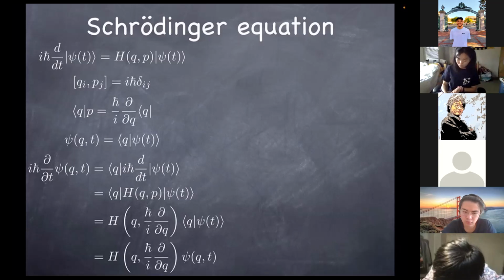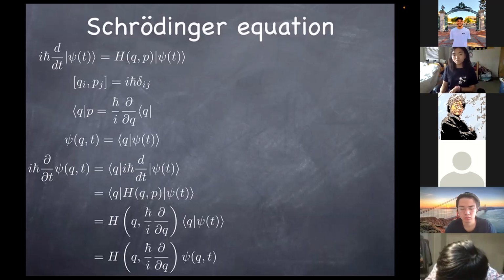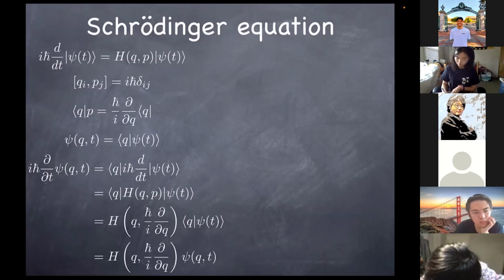And then the Hamiltonian is now acting as a differential operator on this wave function psi of Q and t, where you replace every P in the Hamiltonian by this derivative operator h bar over i del del Q. So that's how you define the Schrodinger equation for the wave function.